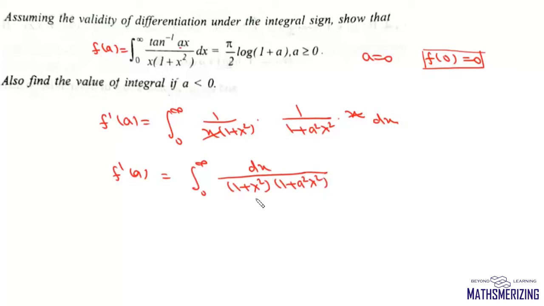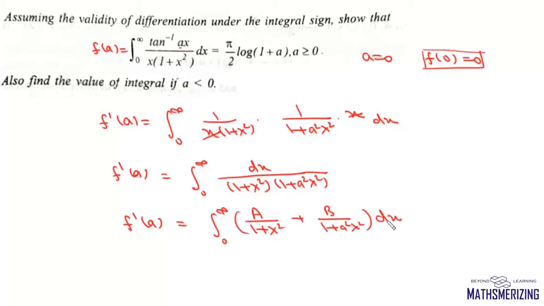Now we can split this integral using partial fractions. So we can write f dash a equals this integral from 0 to infinite of A upon 1 plus x square plus B upon 1 plus a square x square, into dx. Now we have to find the values of A and B. For A, we'll put x square as minus 1.